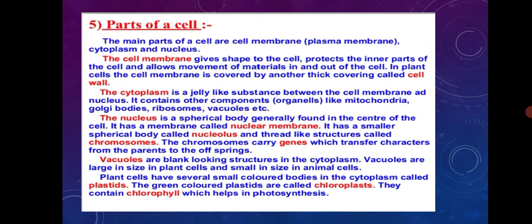The vacuole membrane is called tonoplast and the liquid is called cell sap. Vacuoles are absent in animal cells, but if present, they are much smaller, and sometimes vacuoles are found in animals as food vacuoles and contractile vacuoles.